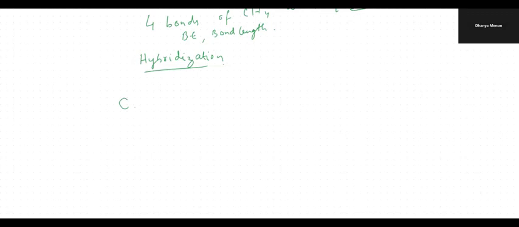Carbon has atomic number 6. We have 1s2, 2s2, 2p2. So here in the s orbital 2 electrons, in the p orbital 2.